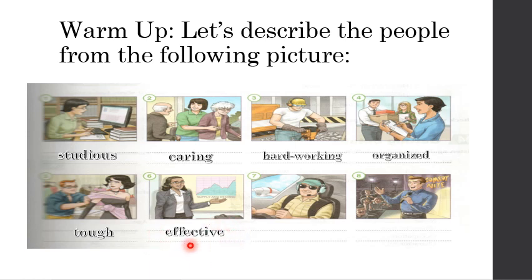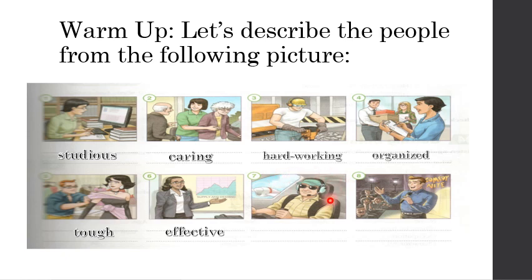Okay, how about this picture? What do you think of this guy? He's on the plane. What do you think of his character or personality? All right.